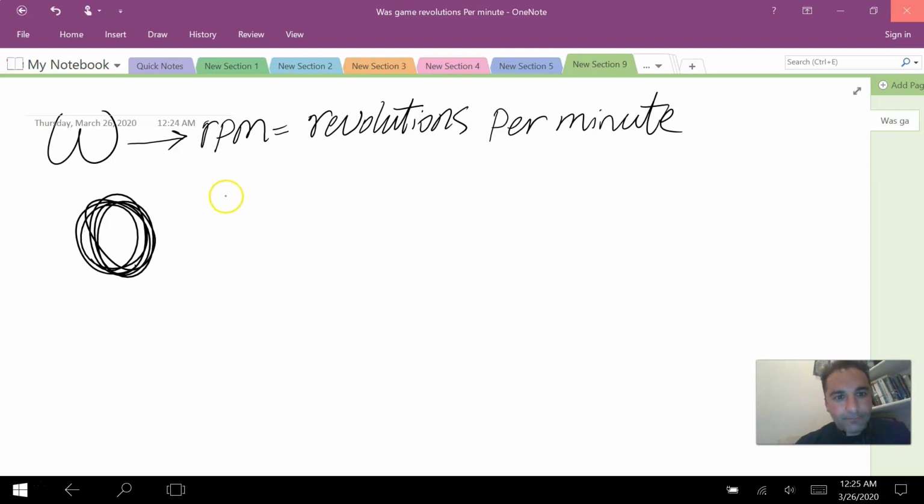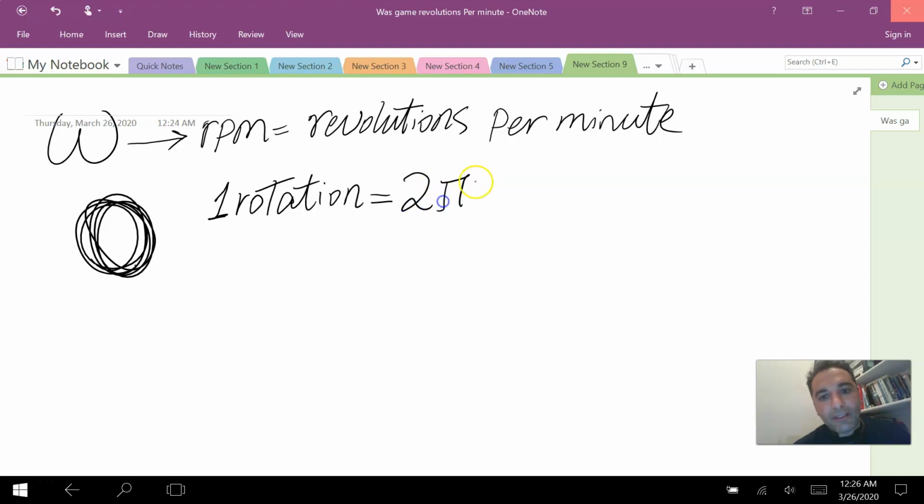Let me tell you this. Watch it. One rotation, as you know, how many pi is one rotation? It's 2 pi radian. One complete circle is 2 pi radian, correct? So one complete circle is one rotation, so one rotation is 2 pi radian.